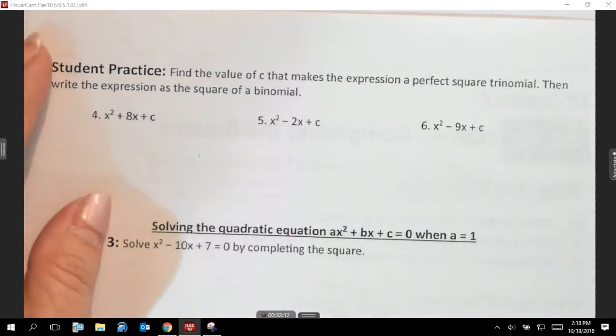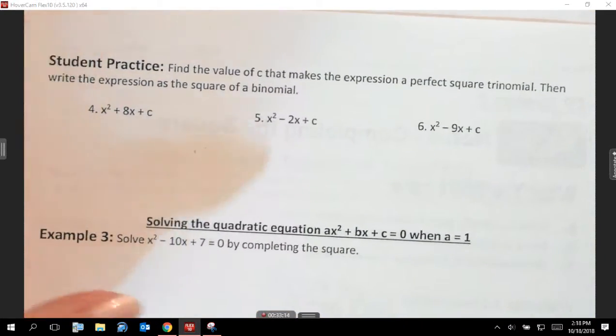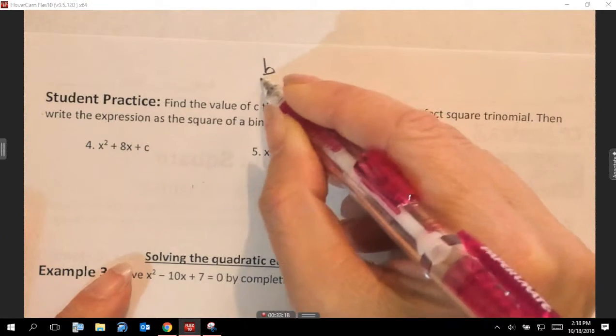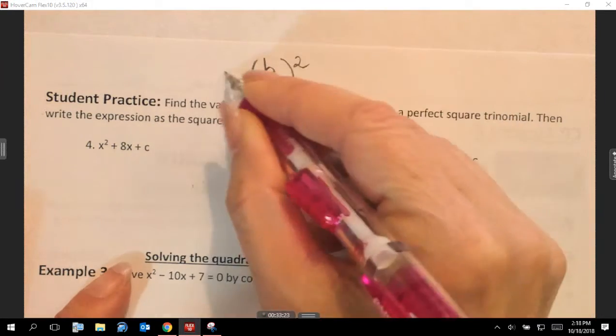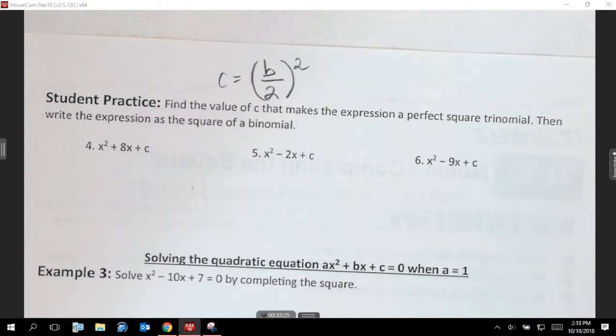There's 3 more. I want you to find these 3 answers. Again, we took the middle term, we divided it by 2, and then took that answer and squared it. Well, this says same sign.